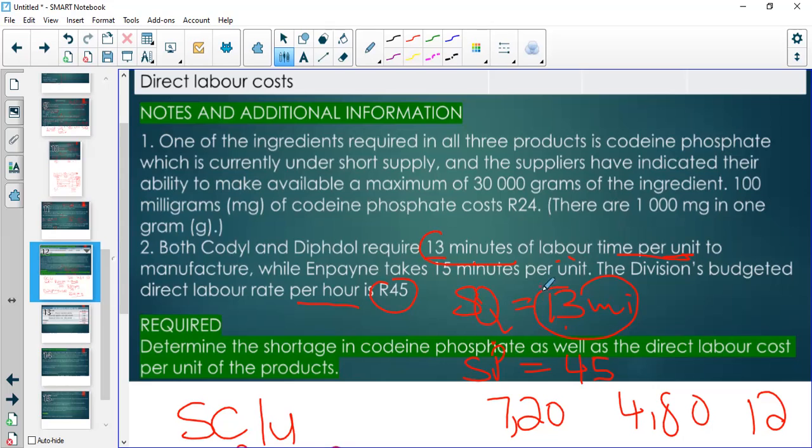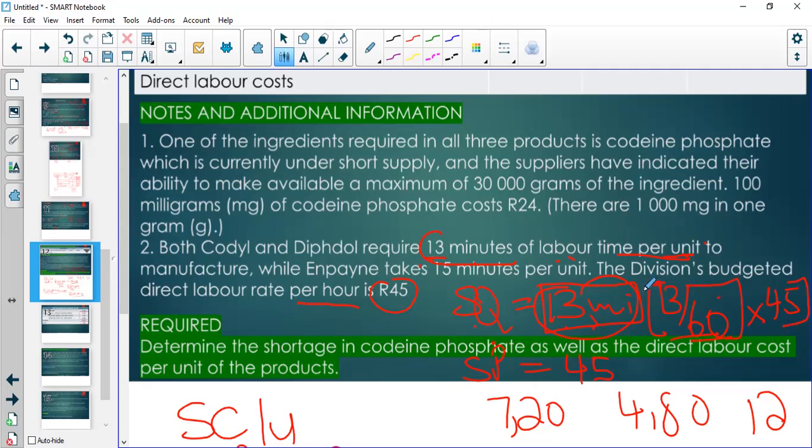We have to change this standard quantity into hours, so we divide 13 by 60. If we divide minutes by 60, we get hours. So now our standard quantity is hours per unit, and now we can multiply by rand per hour, by 45.